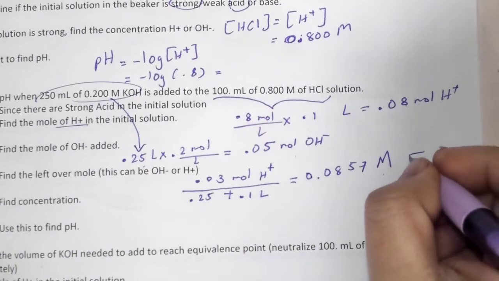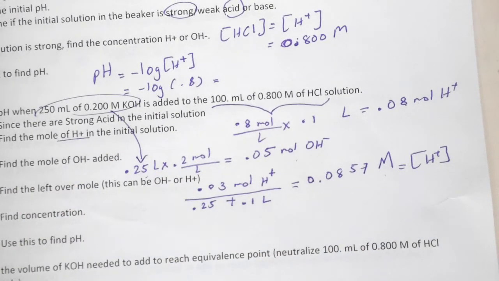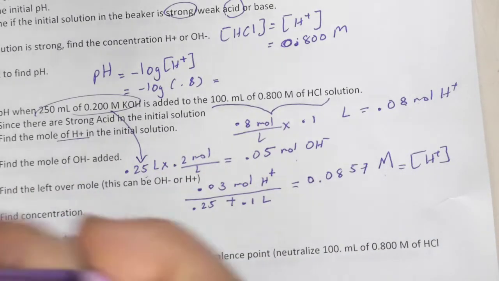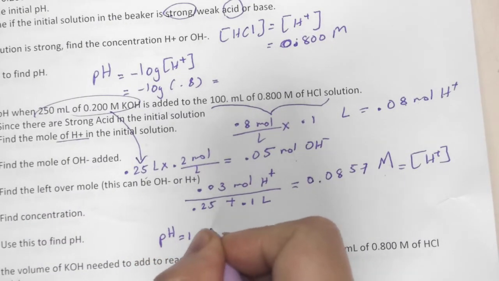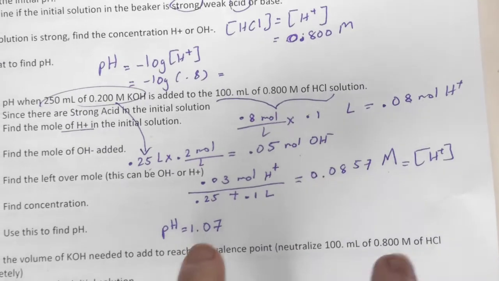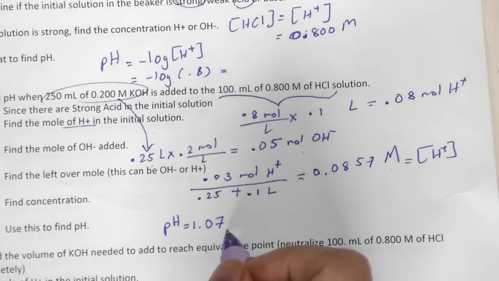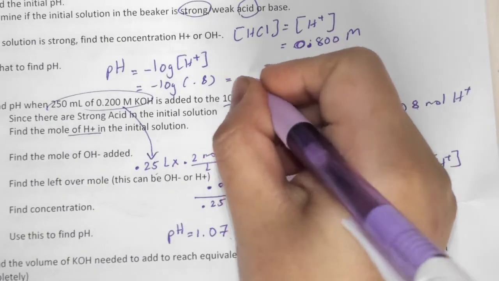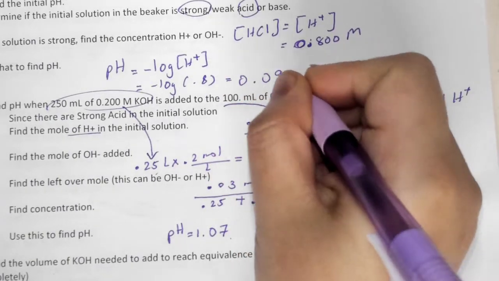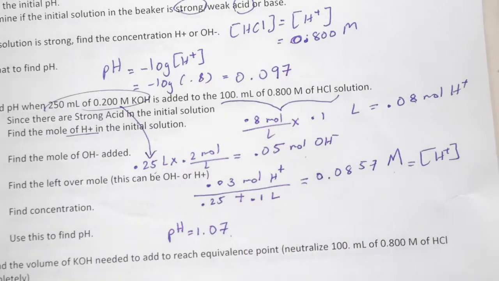Since this molarity is the concentration of H plus, you can just find the pH by doing negative log of the answer. Now I'm going to get my pH as 1.07. Okay, so that's the difference. Now notice that my pH has changed from up here. Negative log of 0.8 would be 0.097. So my pH has gone up a little bit.